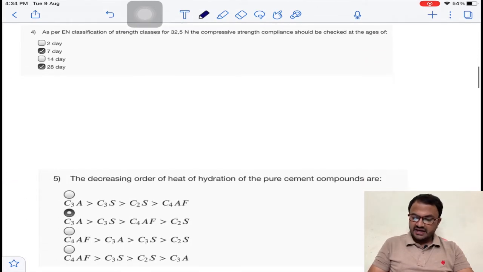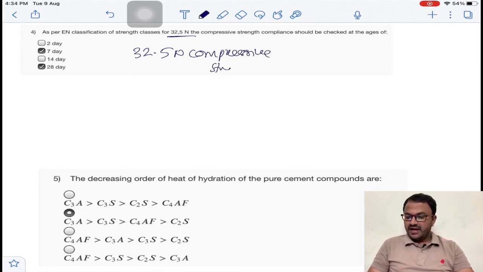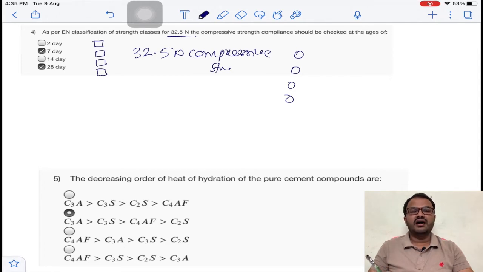Next question. As per the EN classification of strength classes, 32.5 Newton compressive strength. Compliance should be checked at the edges. This is a most important question. Here, the options are given with square boxes. If the options are of this type, it is an indication of multiple answer questions, not rounded ones. If they are square boxes, you can tick more than one answer.